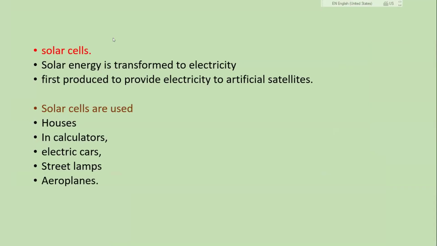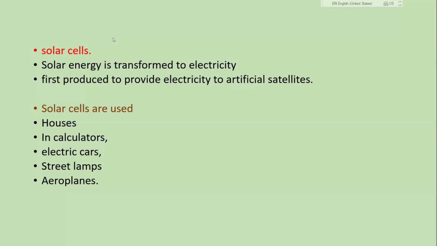Solar cell is transformed to electricity.